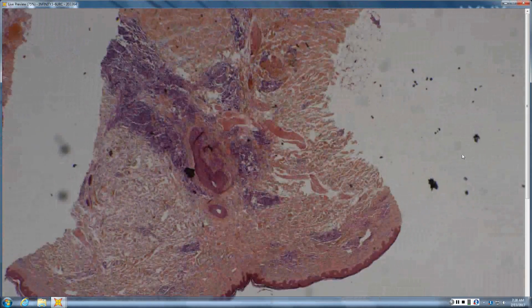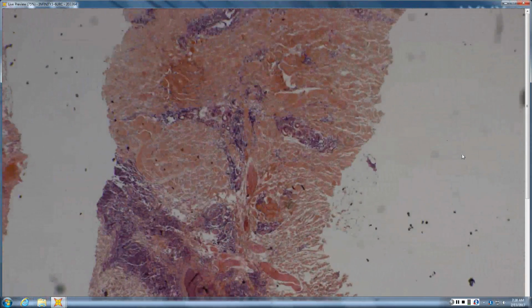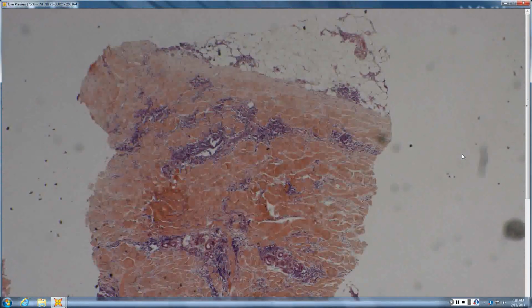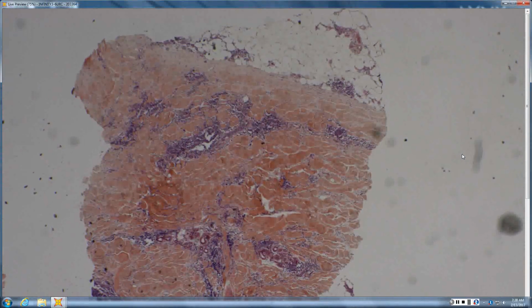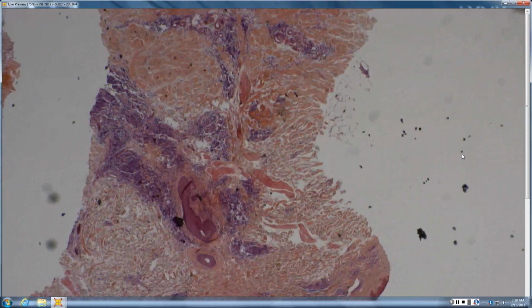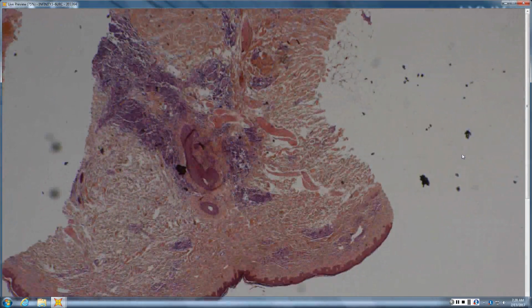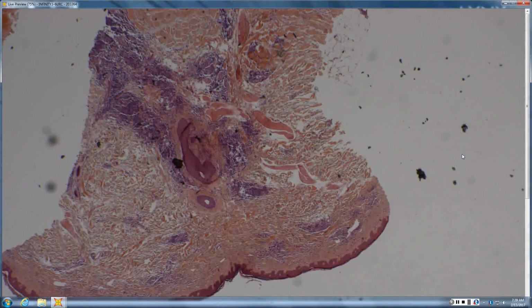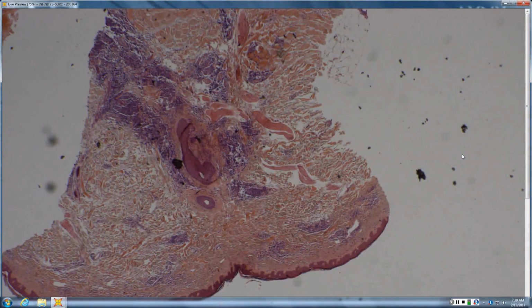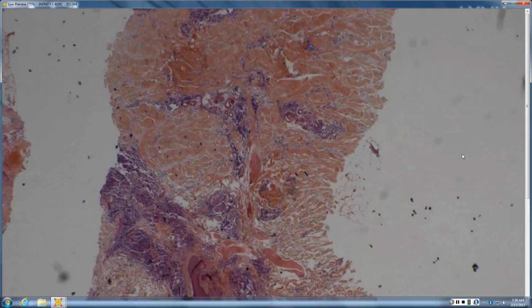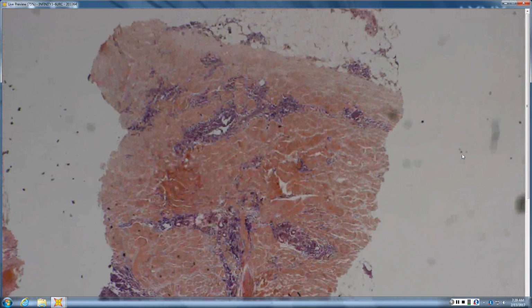So you have a superficial and deep infiltrate here. So looks like there might be some mucin. So you may think about connective tissue disease. Tell me about the collagen in the superficial dermis and compare that to the collagen in the deeper dermis.